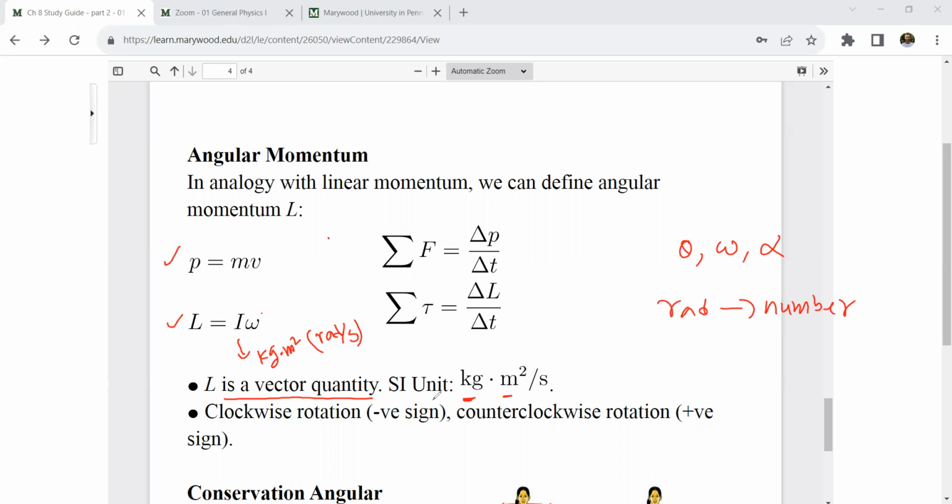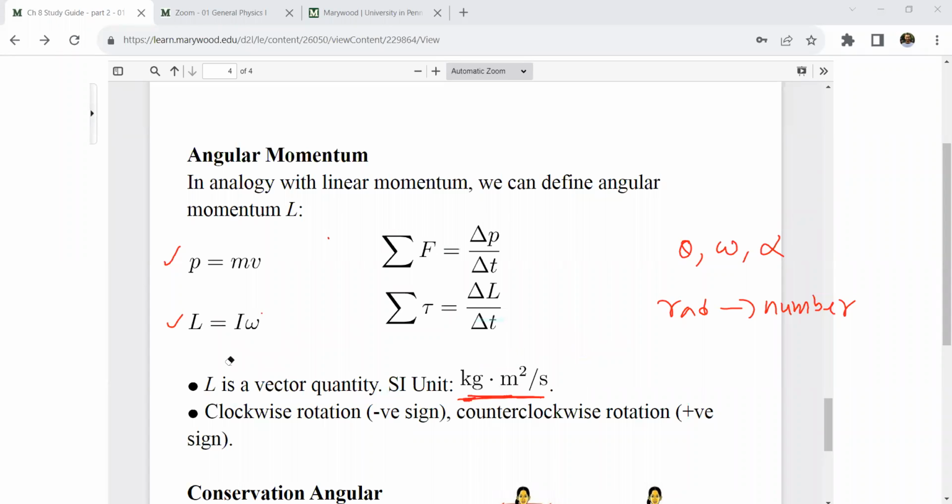For example, here it should be kilogram meter square radian per second, but we neglect radian here. You can use radian here, but it doesn't matter whether you use it or not. Normally we do not use radian for angular momentum. So the standard international unit for angular momentum is kilogram meter square per second.